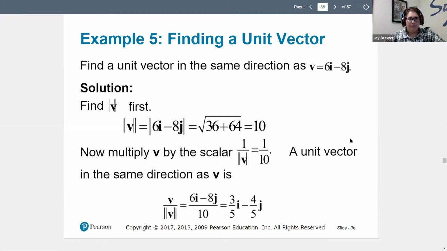All right. You guys have any questions on that? So you have to find the magnitude first, and then you divide the vector by the magnitude. Well, 1 over the magnitude, so that's why they're dividing. Yeah, so the magnitude of v is like the distance formula between the two coordinates. Basically, yes. Okay.